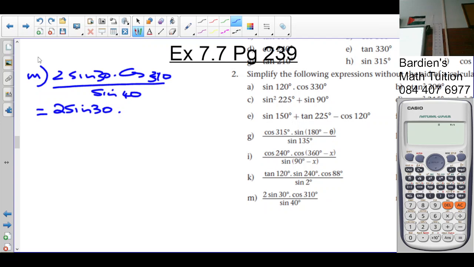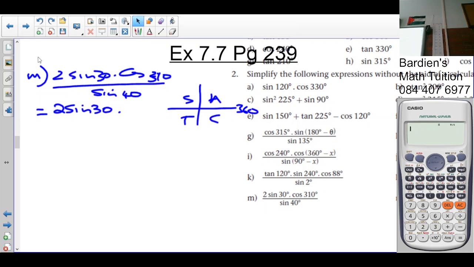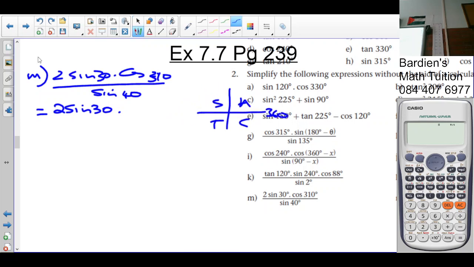Can you see that? So in which quadrant is 310? Fourth quadrant. Are you getting the fourth quadrant? 360 minus 50. But I want to bring 40 in. So 270 plus 40 over sine 40. So use that.